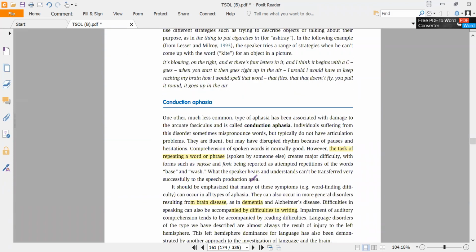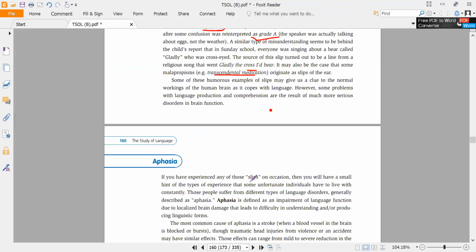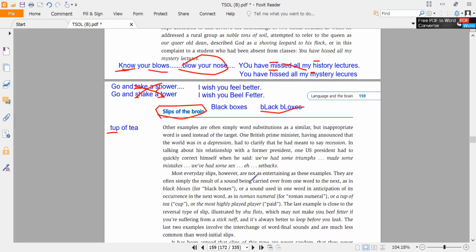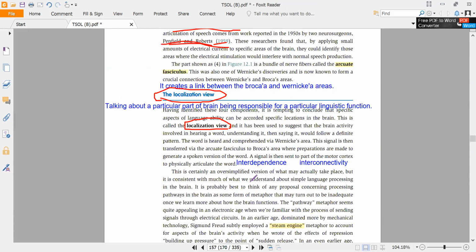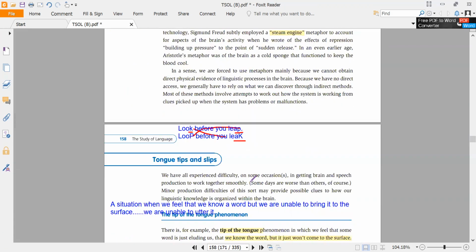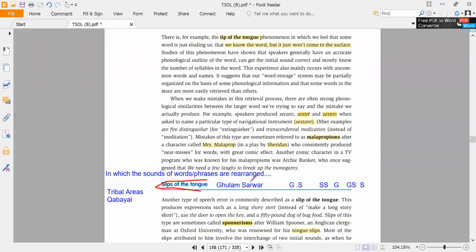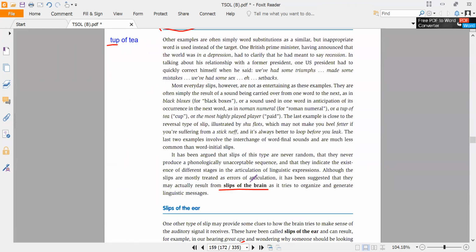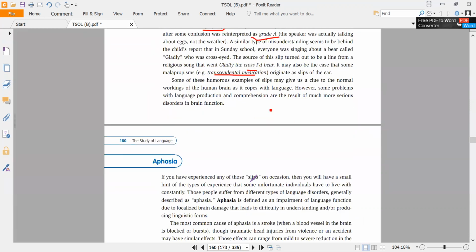So this is all about slips of the tongue and slips of the air, which are problems that take place in the production and comprehension of speech. In the next topic, we will talk about speech disorders.